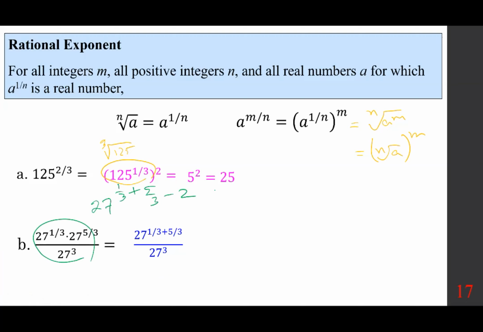Obviously, 1/3 and 5/3 would be 2. And then 2 minus 3 becomes -1. And 27 to the power of -1 is 1 over 27.